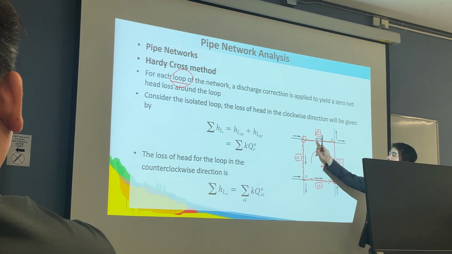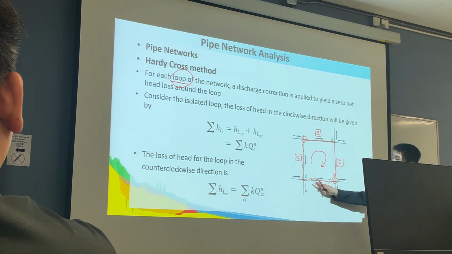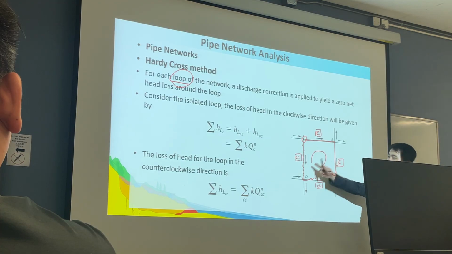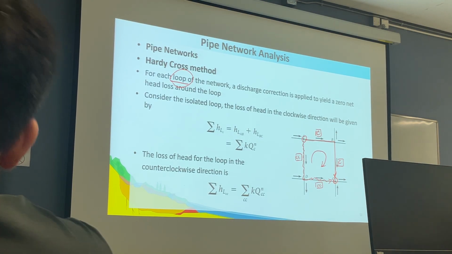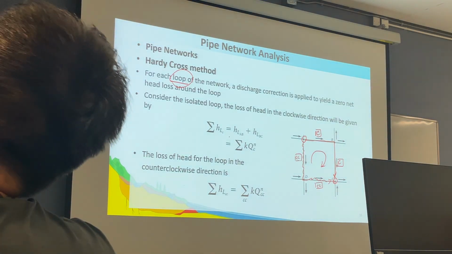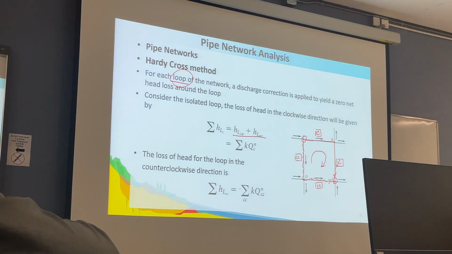One flows in this direction, and the other flows in the counterclockwise direction. Another one is clockwise. So the head loss between the two junctions must be the same. HLAC is equal to the sum of HLAD plus HLDC.